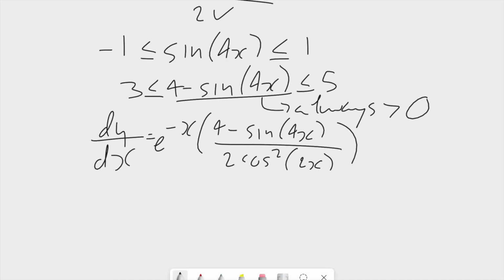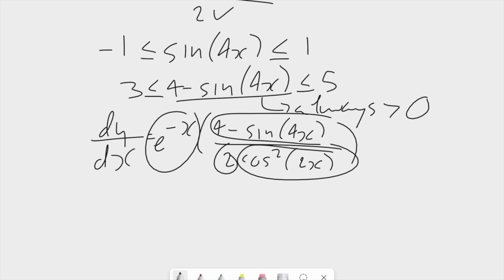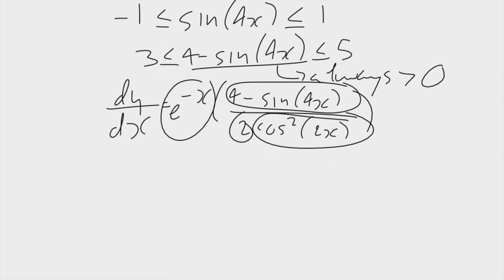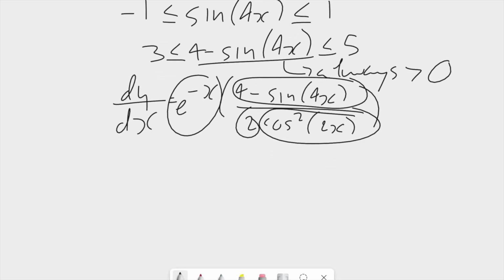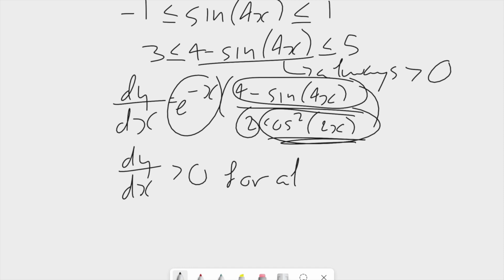So what we've done is we've shown that this is always greater than 0, this is always greater than 0, this is always greater than 0, and this is always greater than 0. And since all parts of dy by dx are always greater than 0, for all x's relevant to this question, we can say that dy by dx is greater than 0, for all relevant x.